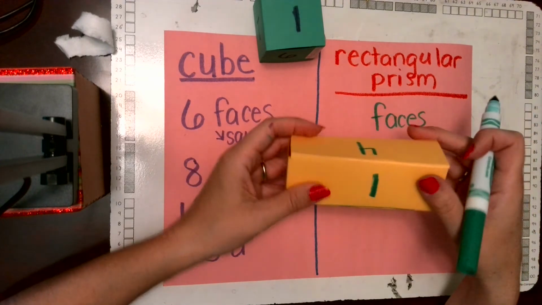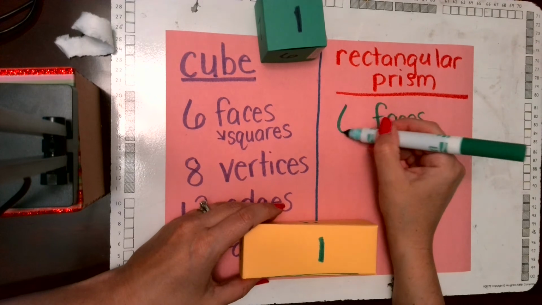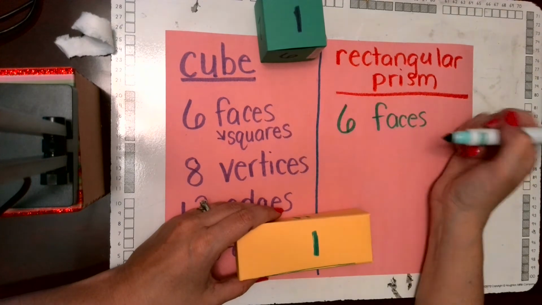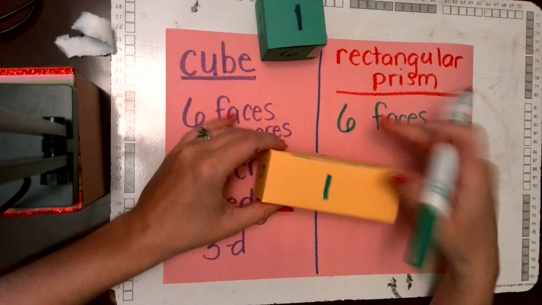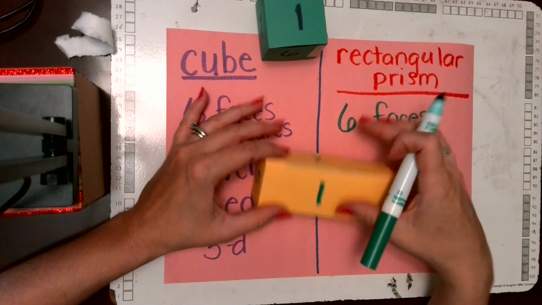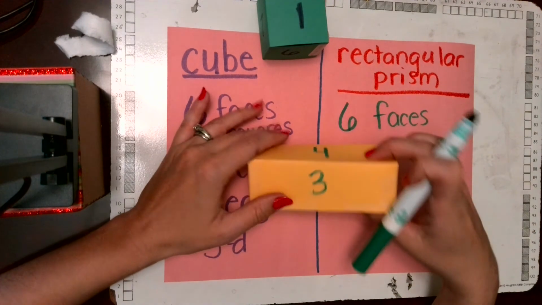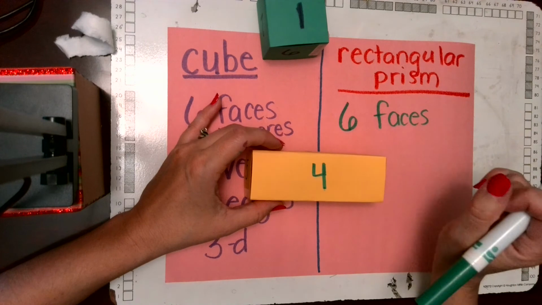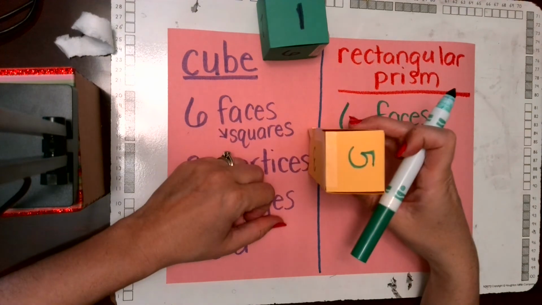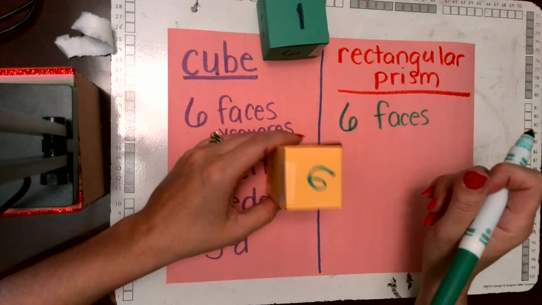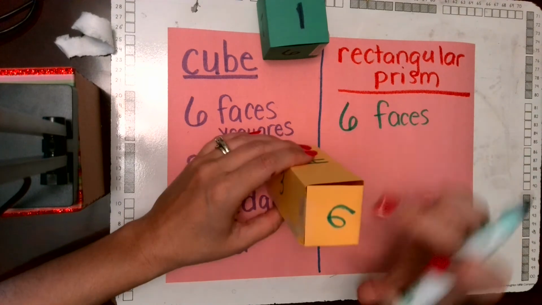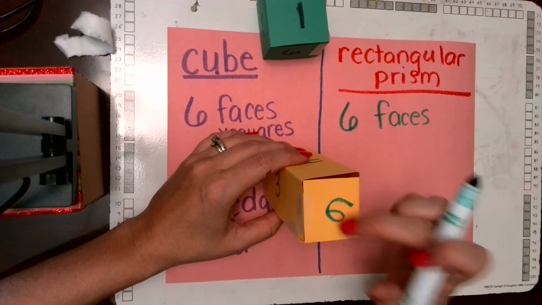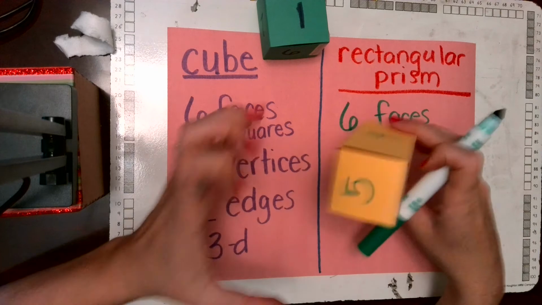So you notice it has the same number of faces as my cube. The only difference here is that look at my faces. Are all these faces here squares? No, they're not. They are rectangles. What about that one? That's a square. What about that one? That's a square. They're not always going to be squares. Sometimes these 2 sides might be rectangles as well.